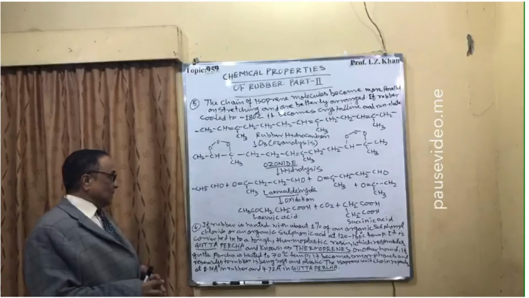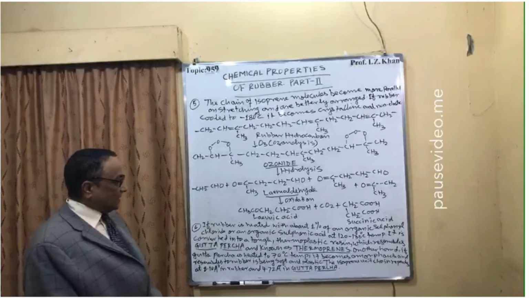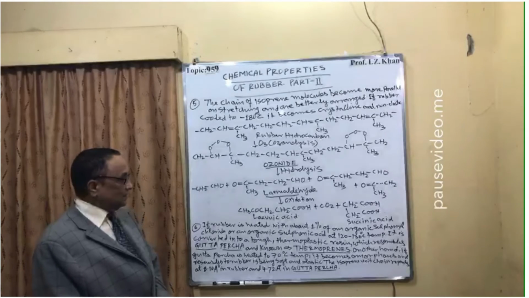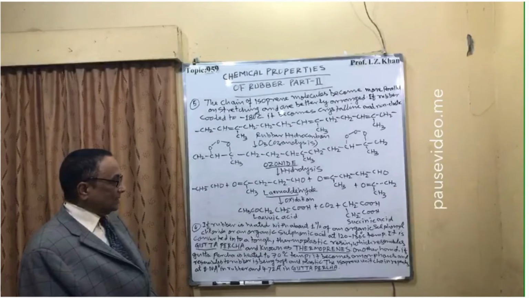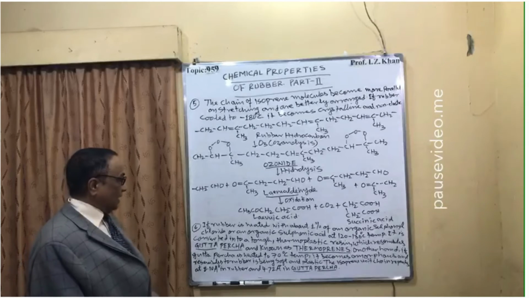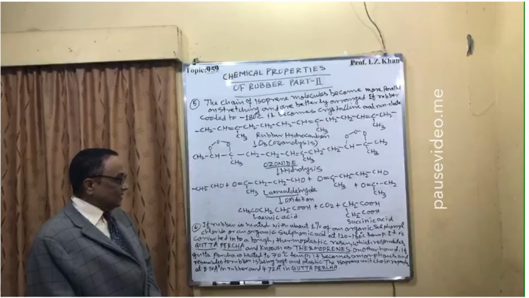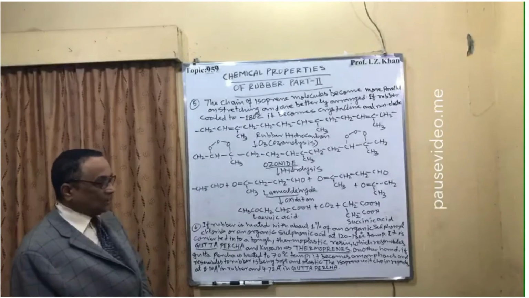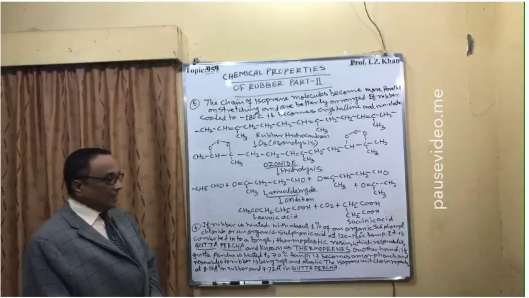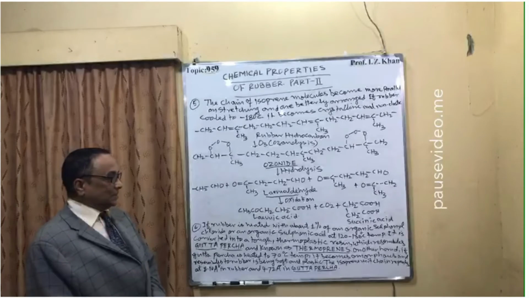Number 6, rubber is heated with about 1% of an organic sulfonyl chloride or an organic sulfonic acid at 120 to 130 degrees centigrade temperature.